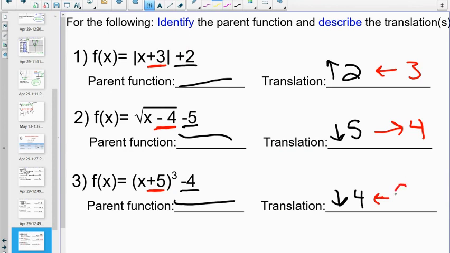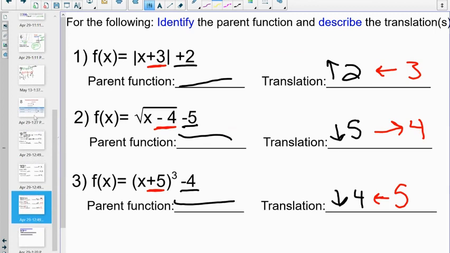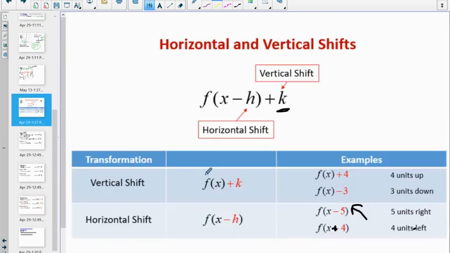What's the value? 5. So again, today I wanted you guys to take away determining whether it's a vertical or horizontal shift, or if it's a combination of a vertical and a horizontal shift, and identifying which one is which.